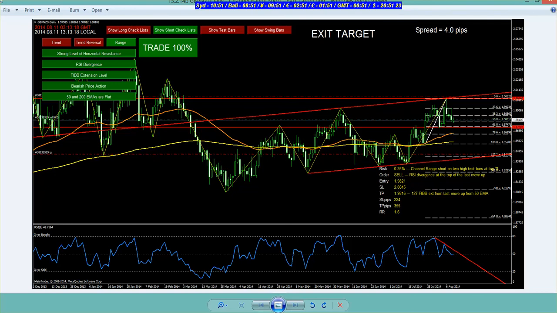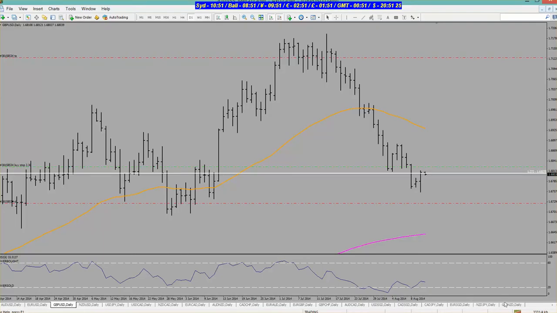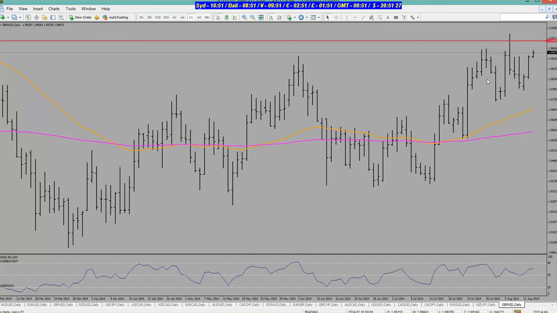Some people may have said, well, this is a range trade, a reversal trade of a trend cycle, and then gone no thanks because of the risk reward ratio. That's just sometimes you get them to go in your favour.